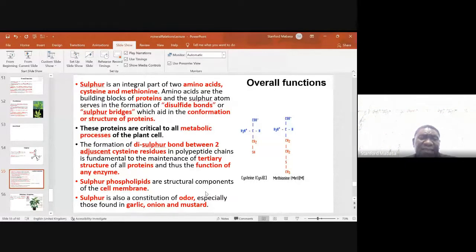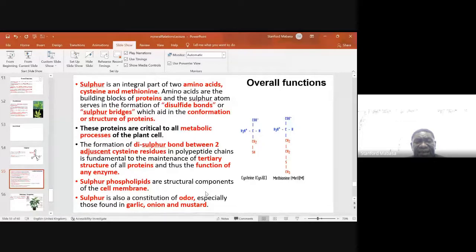And these proteins are critical to all metabolic processes of the plant. So what is important is to remember that cysteine and methionine contain sulfur, and these are important amino acids.